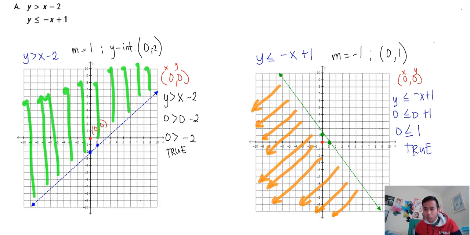And I want to check this one. I have to use green. This must be a solid line. So that is a solid line, guys.